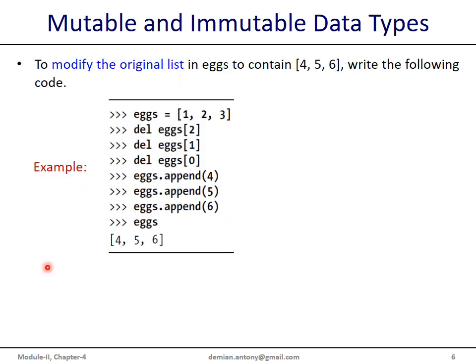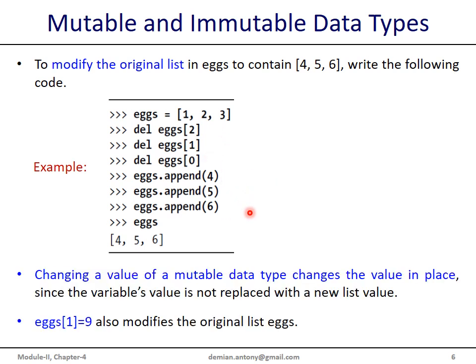In order to modify the list, we can use this method wherein we delete all the elements present in a list one by one, and then we append the elements. For example, here we are appending 4, 5, 6. Thereby the list X remains the same list, as we are not replacing the old list with the new list. We are deleting the old elements and then inserting the new elements.